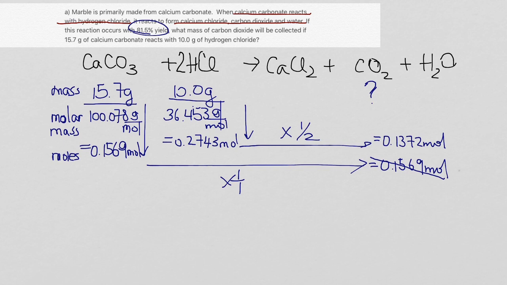And if we convert this to mass, now that we know that 0.1372 moles of carbon dioxide can be formed, we can calculate the mass of that.